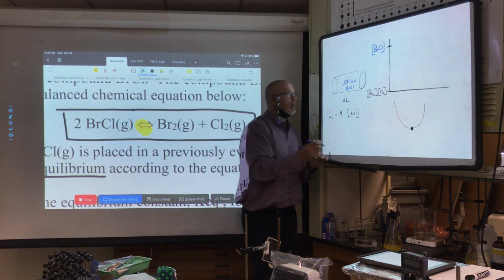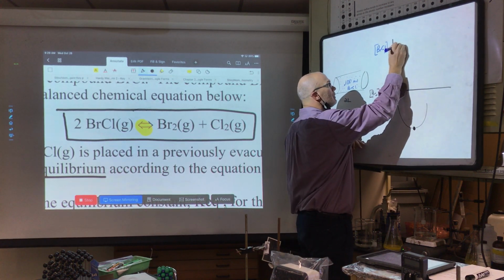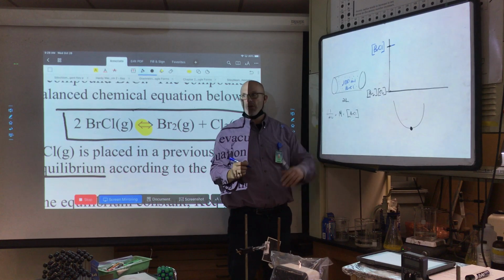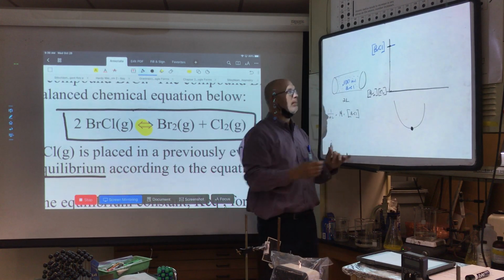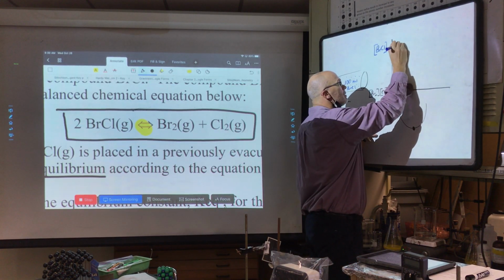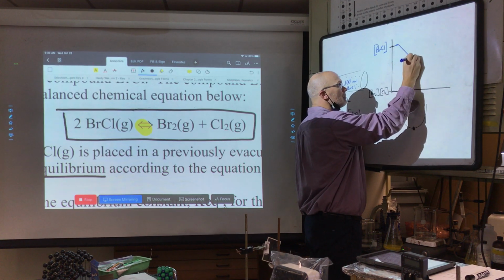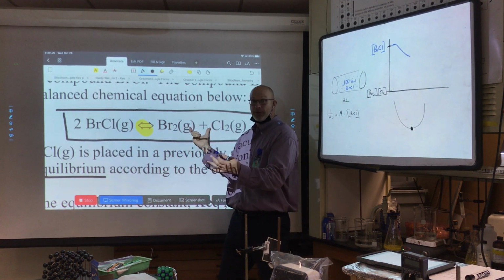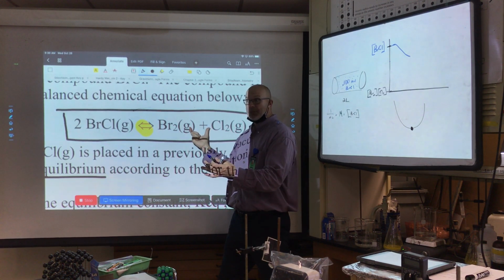So we're starting at 100% or 0.1 moles of BrCl and 0 here. What happens to the reaction? Well, as the reaction goes forward, this goes down, doesn't it? Because you're going to use some up to make some of that. It's got to go down. But does it go to 0?